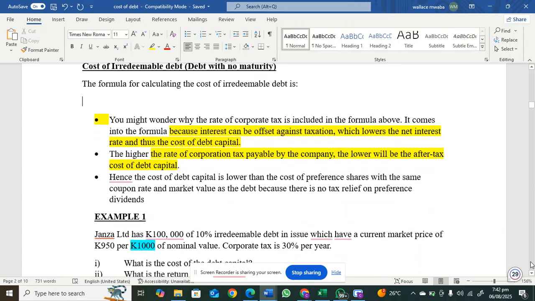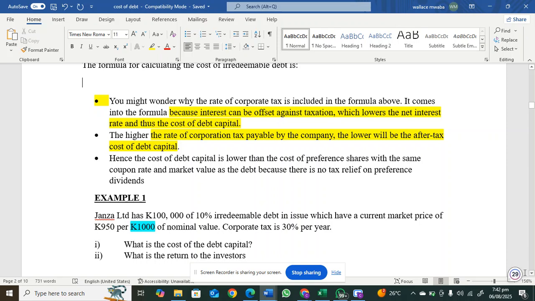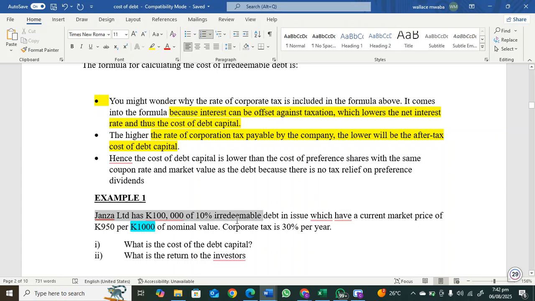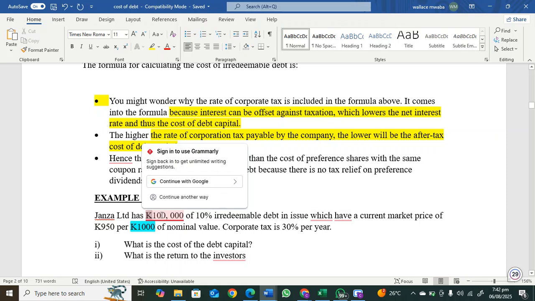This means the debt has no maturity date. So here's the first example. Jansa Limited has 100,000 kwacha of 10% irredeemable debt. On the balance sheet, under non-current liabilities, this debt is the amount of 100,000 kwacha.